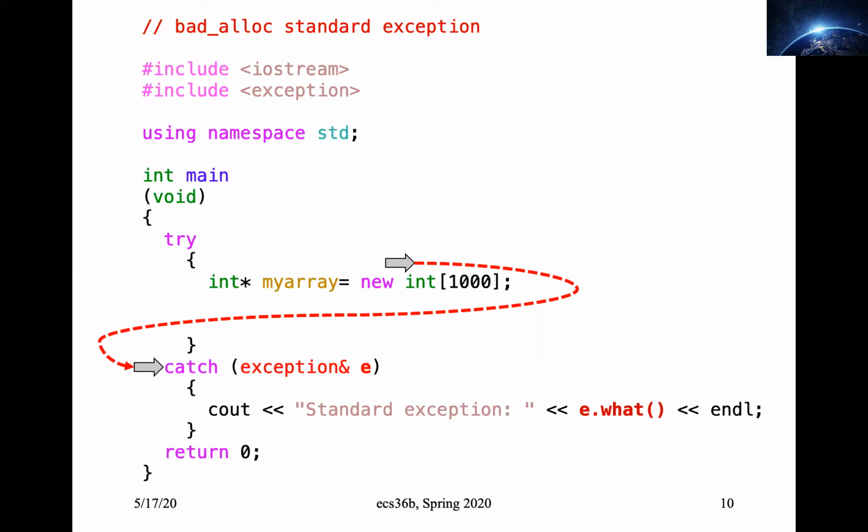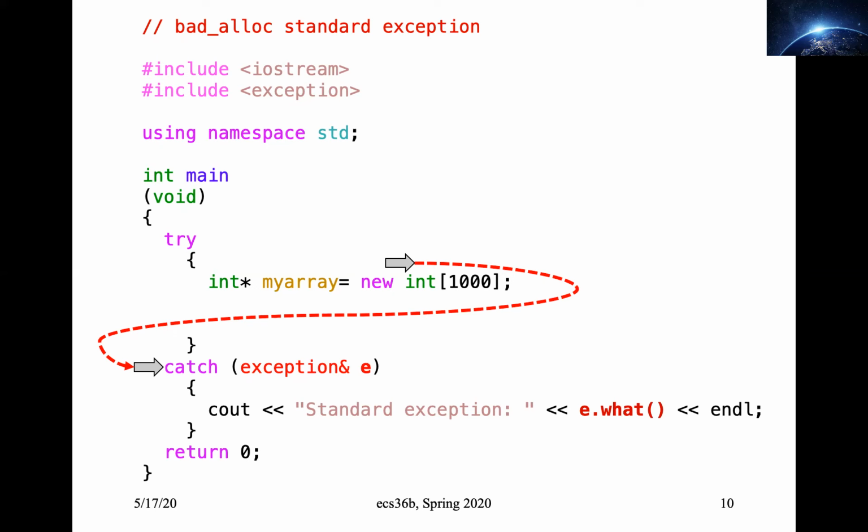Okay, so this is an example for the exception. You can see that I don't have any throw clause. Essentially, you want to create an array of 1,000 integers.